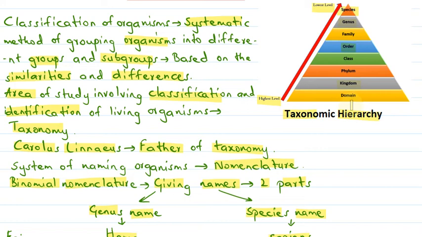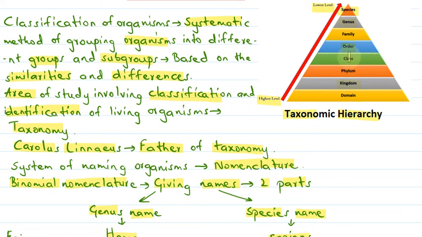In domain, we saw that the domain Eukarya, for example, included related kingdoms like Animalia, Plantae, Mycota and Protista. In kingdom, we took the example of the Animalia kingdom that included all the animals of different phyla. In phylum, we took the example of the phylum Chordata that included classes like Mammalia, Aves, Reptilia and Pisces. Under the class, we took the example of the class Mammalia that included the orders Carnivora and Primates.